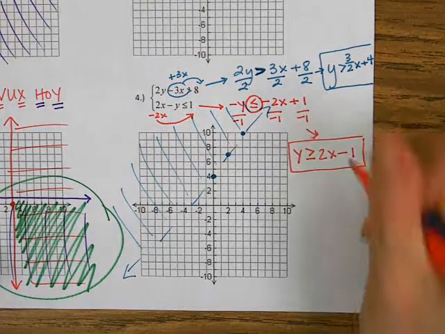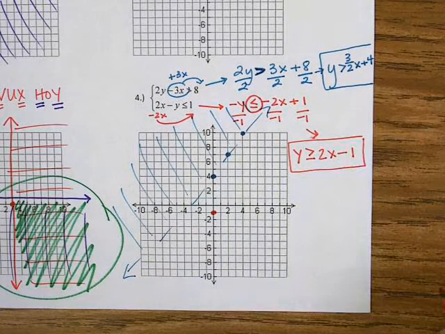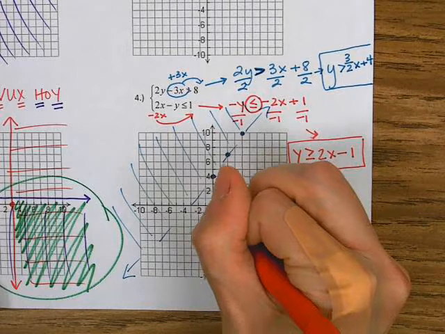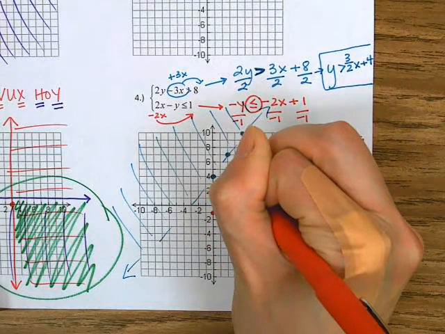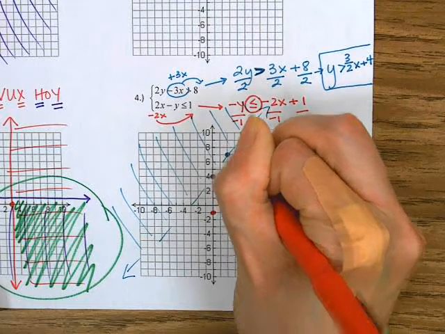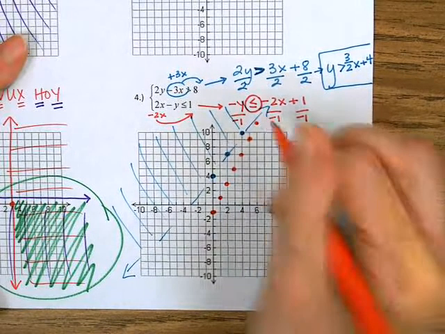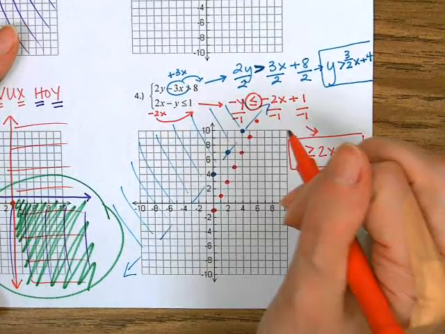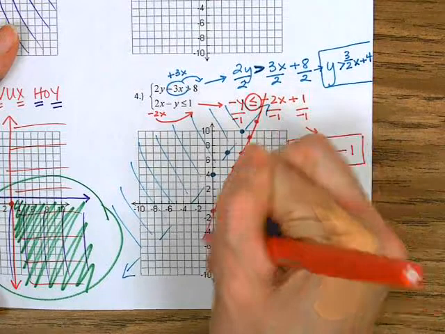Okay, let's graph it. Begin at negative 1, and then our slope is 2. So up 2, right 1. Up 2, right 1. Okay, that's going to be a solid line.